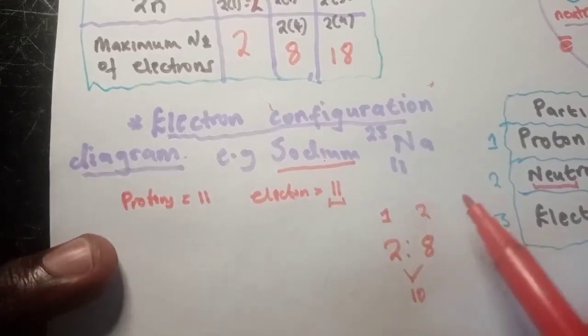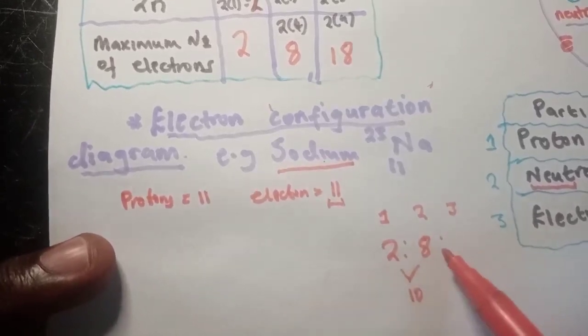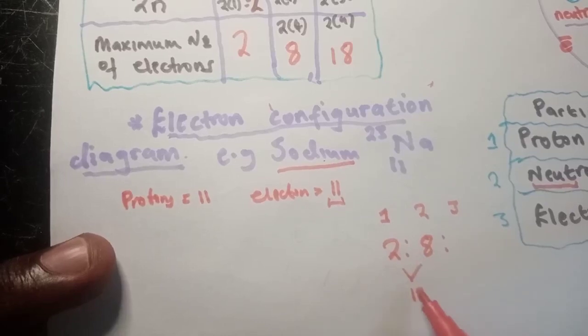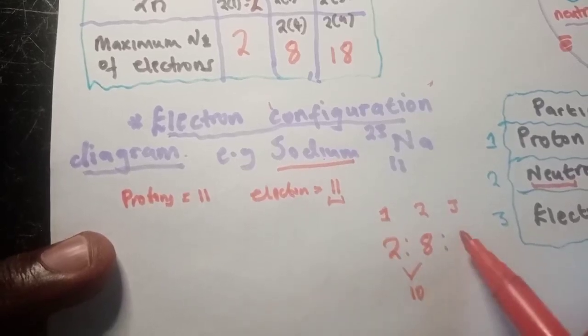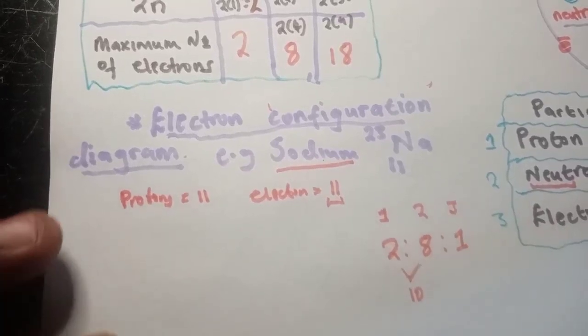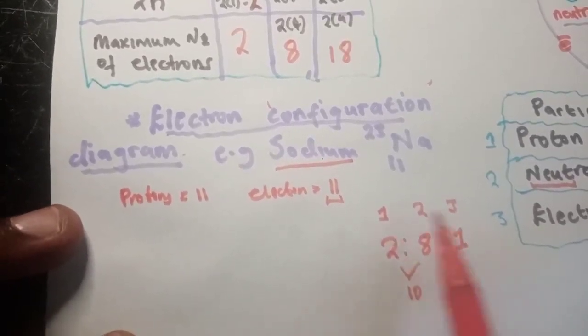So the third shell will simply occupy the remainder. If you add 2 plus 8, you get 10. 11 minus 10, you have 1. So the third shell will only have 1 electron, because the electrons are finished.